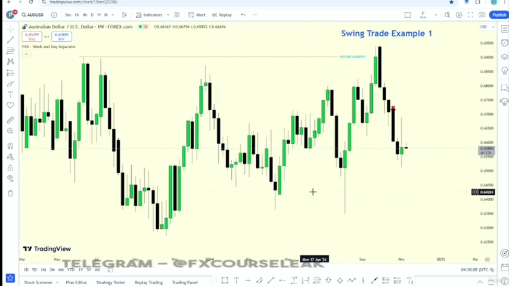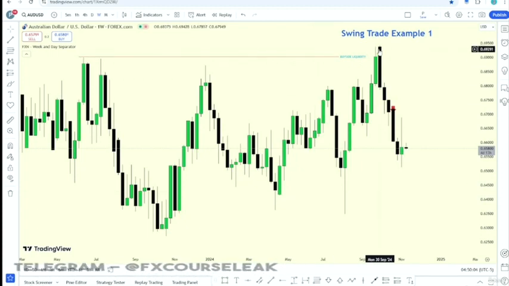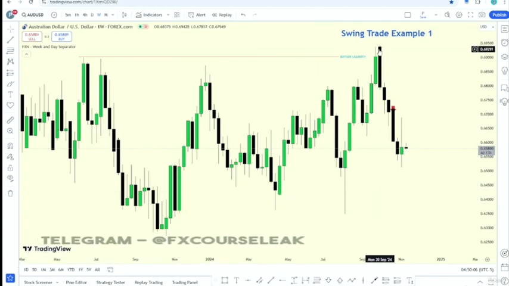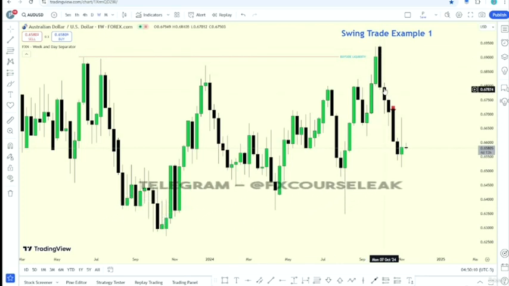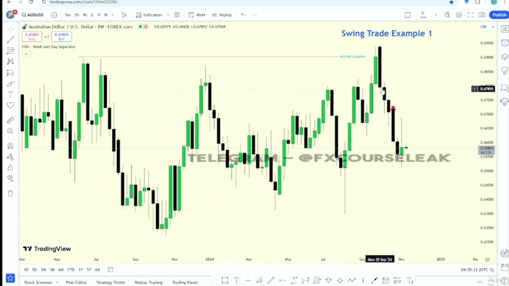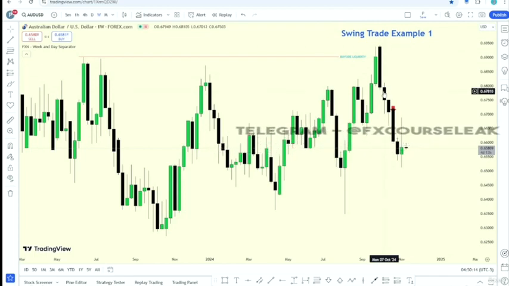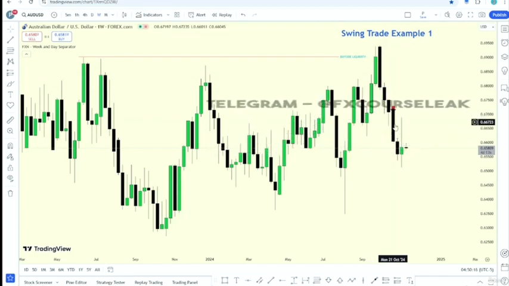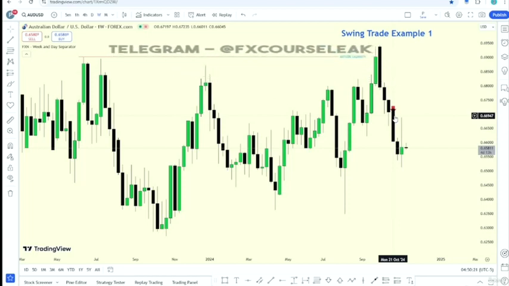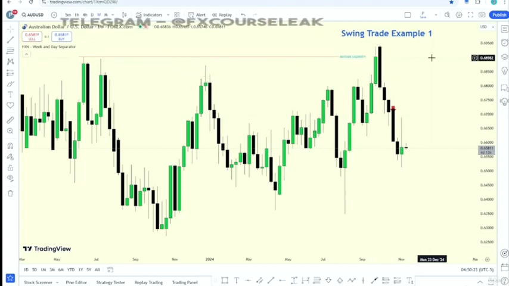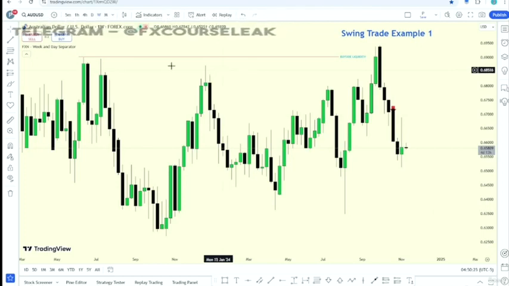After taking out that buy side liquidity, the market changed order flow to bearish. So you can see this aggressive move lower, making the market bearish. Our setup example is going to come in this candle here, where we're going to look at the daily chart when it created that bearish order block, so that we can break down the setup.